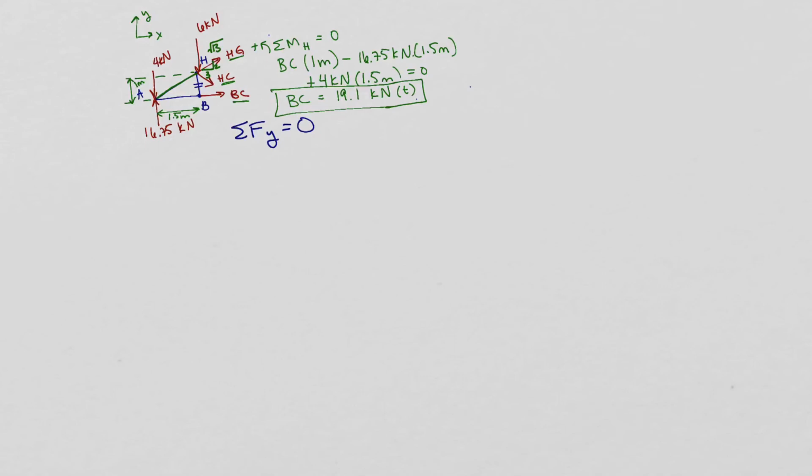And then for HC, it's also similar. It's over 1.5 and down 1, so that would be 2 and over 3, and then that hypotenuse would also be the square root of 13.